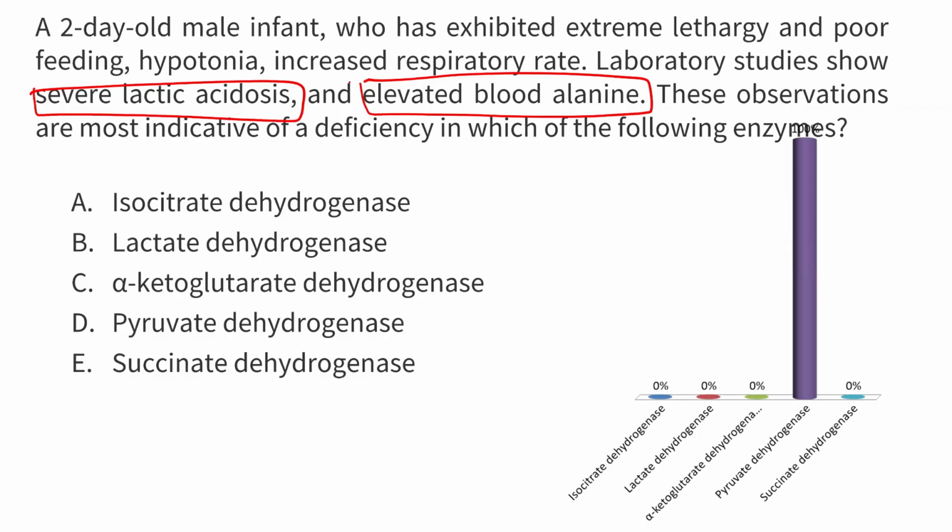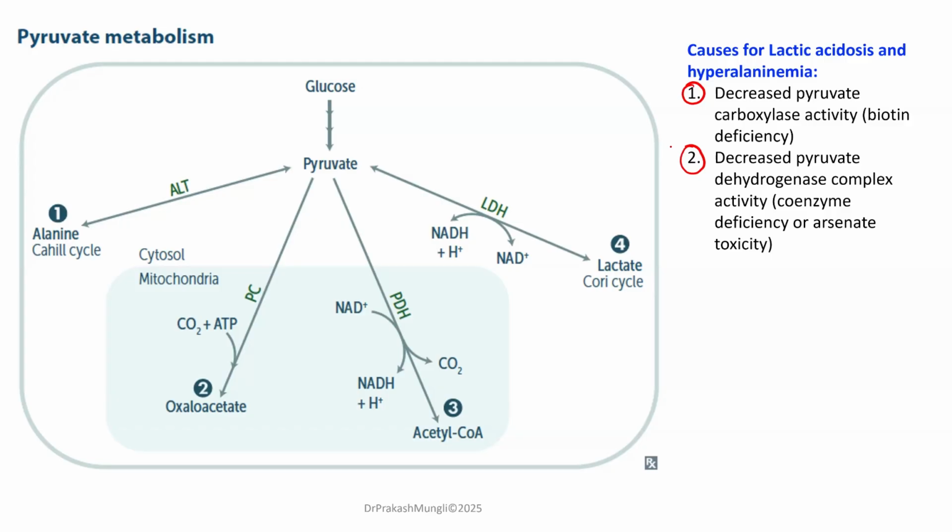Okay. So now the question is, when you look at the case stem and you have found out that there is a lactic acidosis and hyperalaninemia, and then later in the choices you have seen both the enzymes are given in the choice.